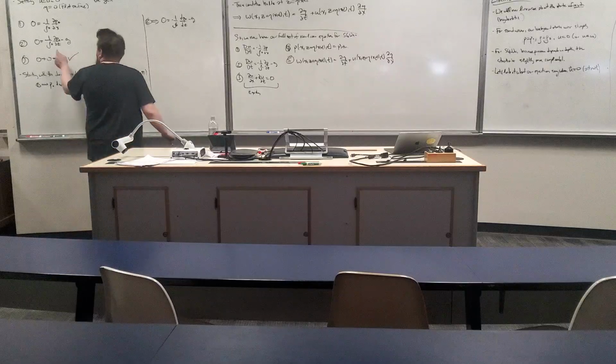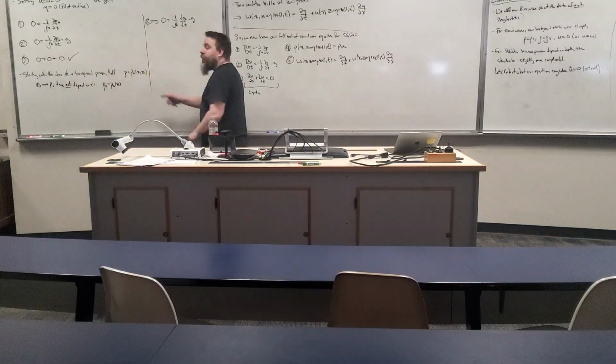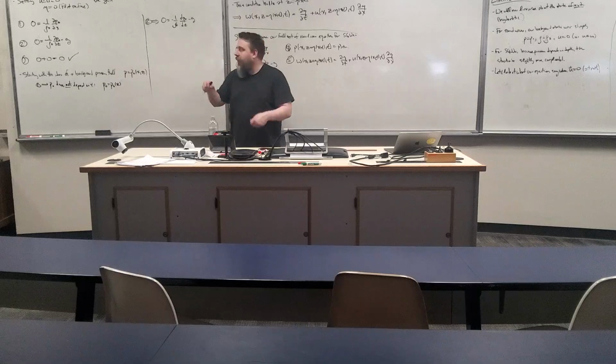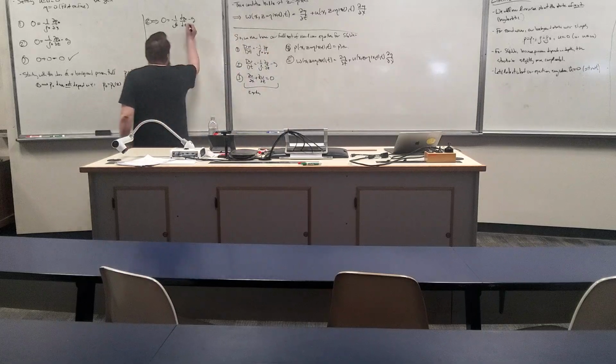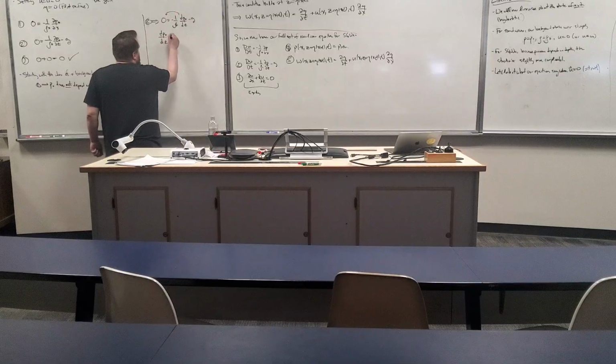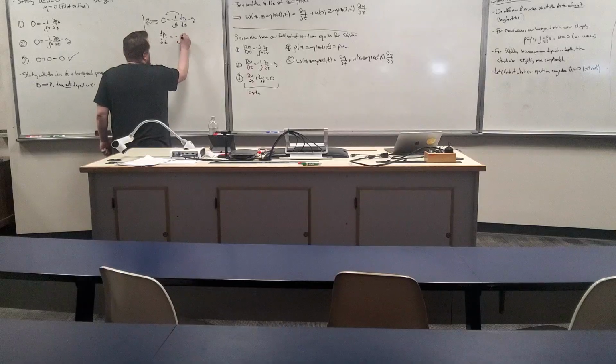And I've changed the partial derivative to a regular derivative because we know it doesn't depend on x. So that means that there's no x derivative, so we can just write it as a regular derivative. And so we can rearrange this and write it as dp naught dz is equal to minus rho naught g.